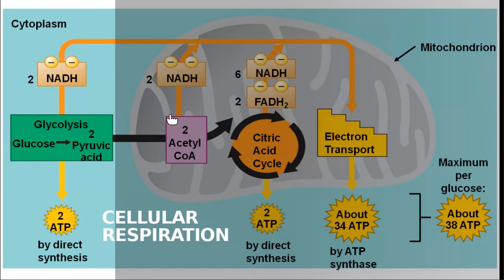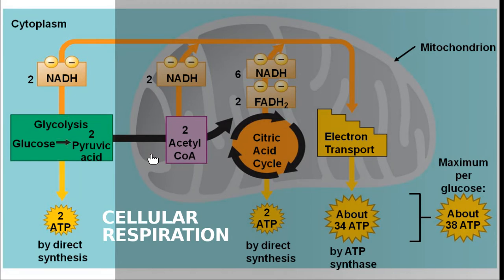Our second step is the prep step, right? And where does the prep step happen in the cell? Good. So we're moving into the mitochondria. We're taking our pyruvate and going into the mitochondria.